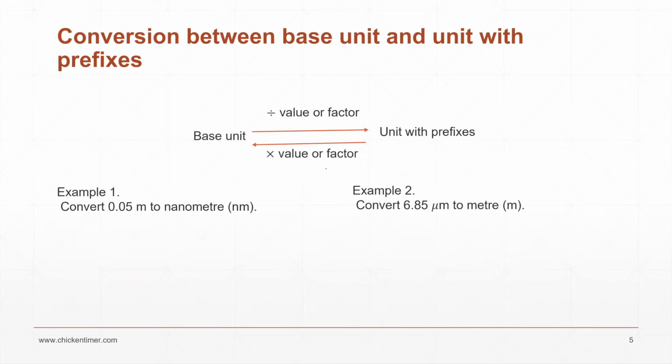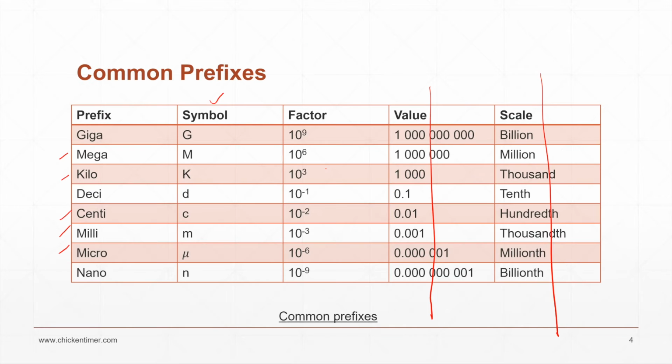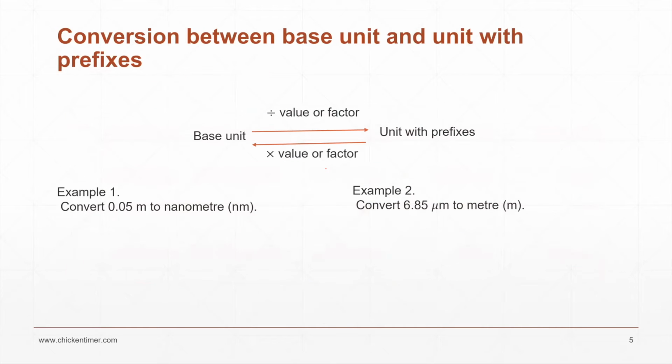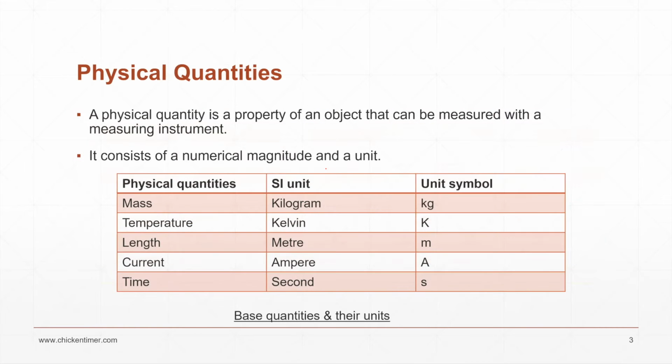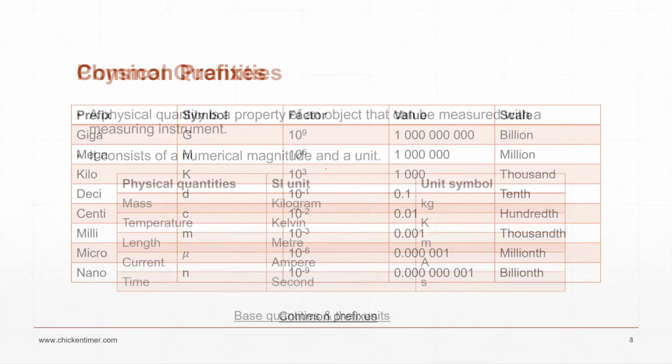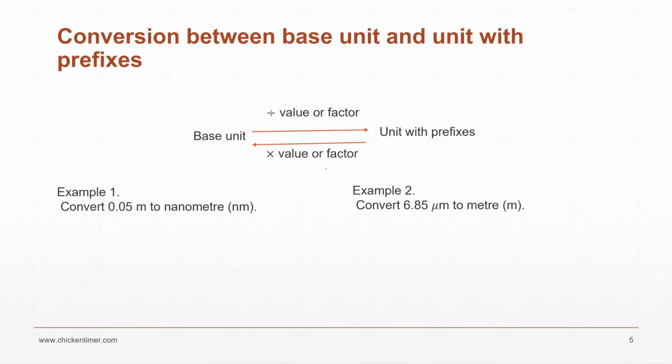So based on this, to convert your units, you will use this. These are base units. So kilograms, kelvin, meters, all these are base units. So to convert from base unit to units with prefix, you divide.